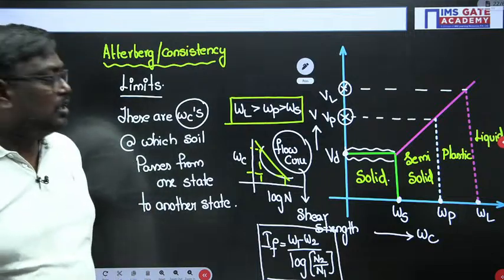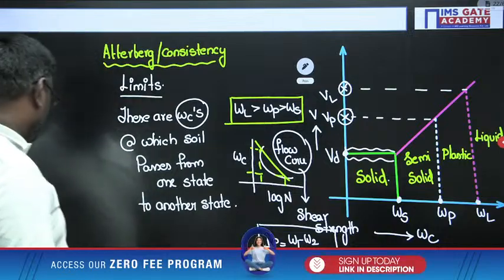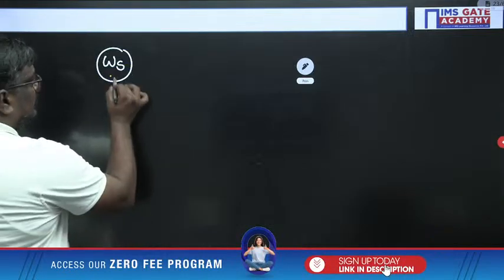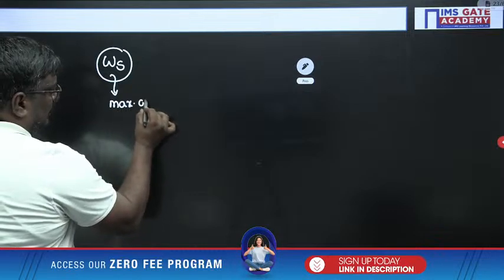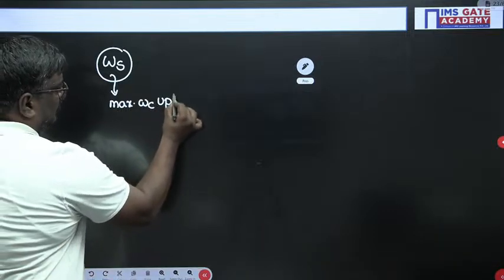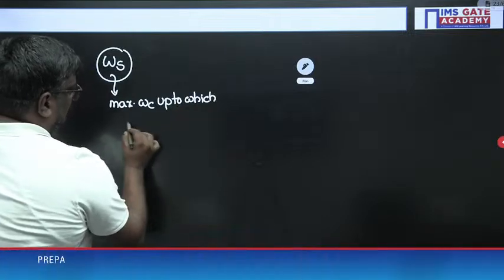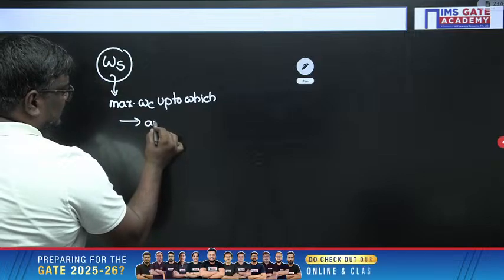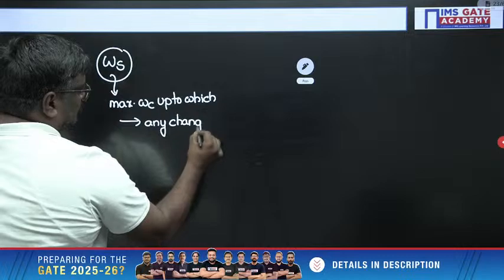Even though there is a loss of moisture, there is no change in the volume. So the shrinkage limit is the maximum water content up to which further loss of moisture does not cause any change in volume.